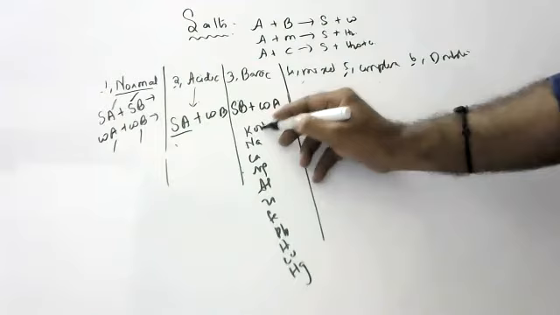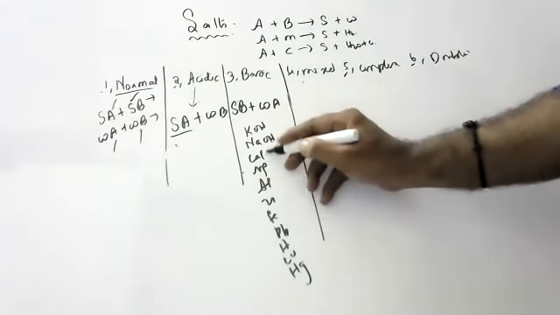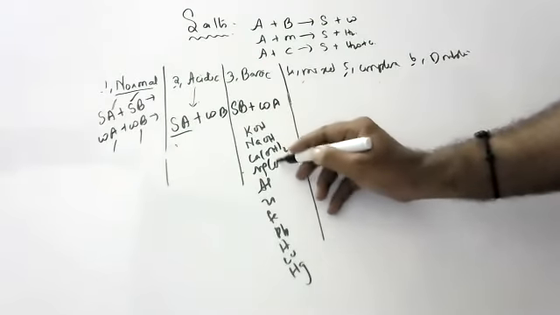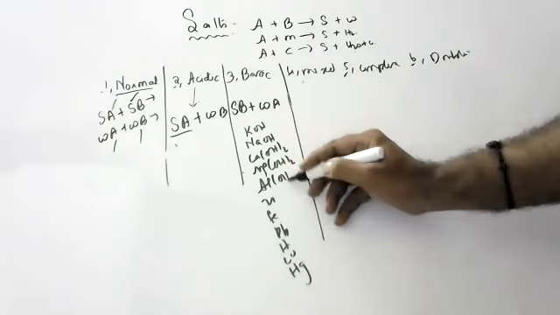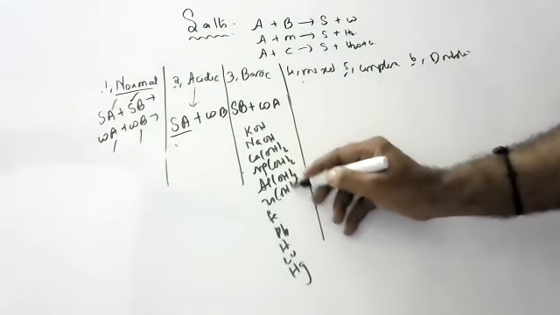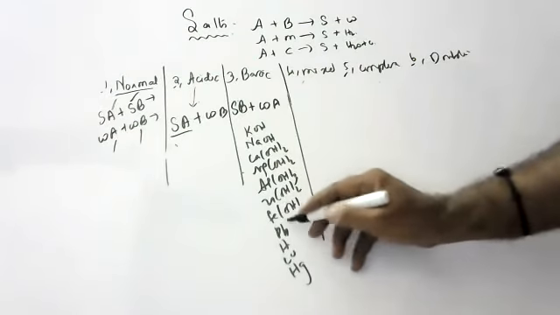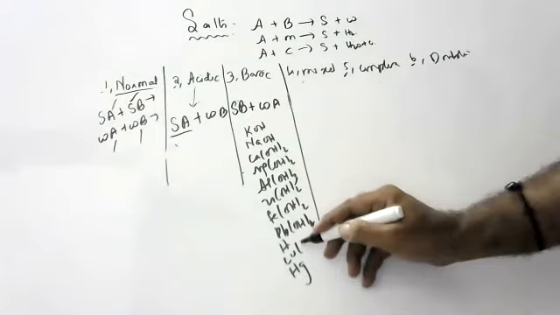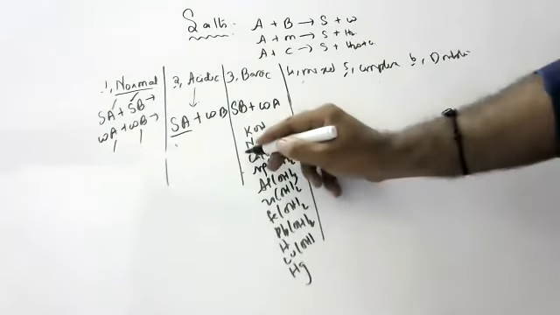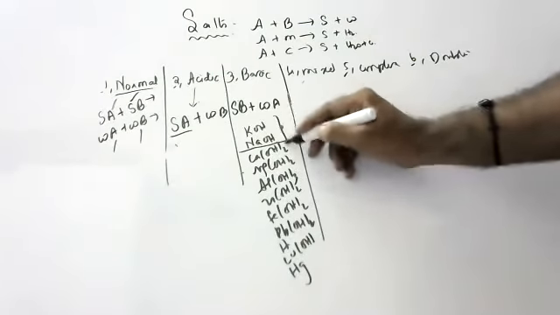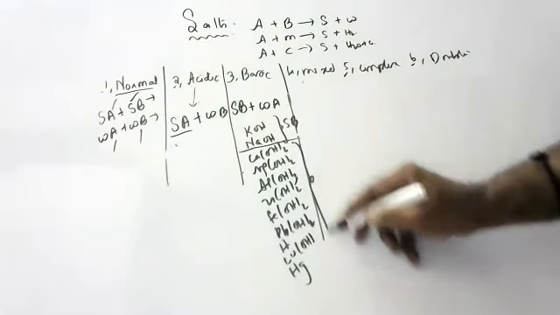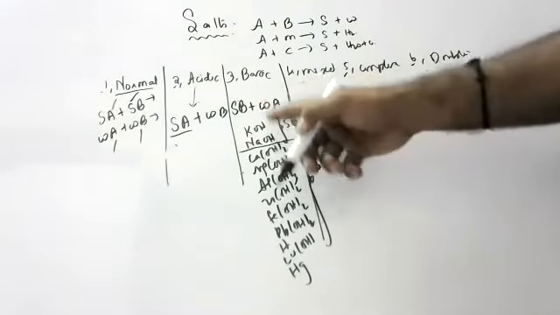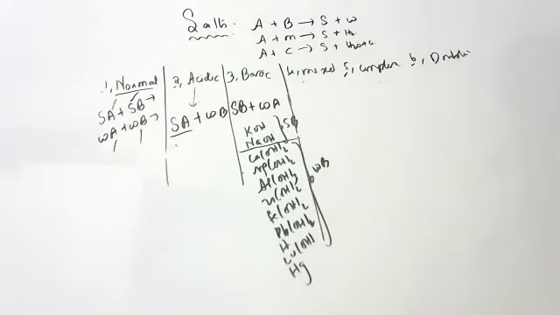This base is KOH, this is NaOH, this is Ca(OH)2, this is magnesium hydroxide, aluminum hydroxide, zinc hydroxide, iron hydroxide, lead hydroxide, copper hydroxide and so on. The top two are very strong bases. Remaining all are weak bases.